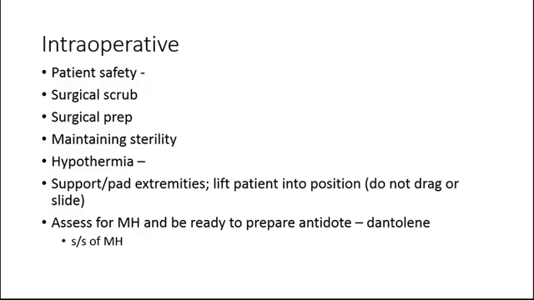We want to prevent unnecessary hypothermia for the patient. We know that the temperature is kept cold, and we give cold liquids to the patient and staff. We bring down the temperature some to lower the metabolism so that we decrease the oxygen demand while they're in surgery, and it also limits bacterial growth. But we need to make sure we do not put the patient at risk by lowering the core temperature too much.